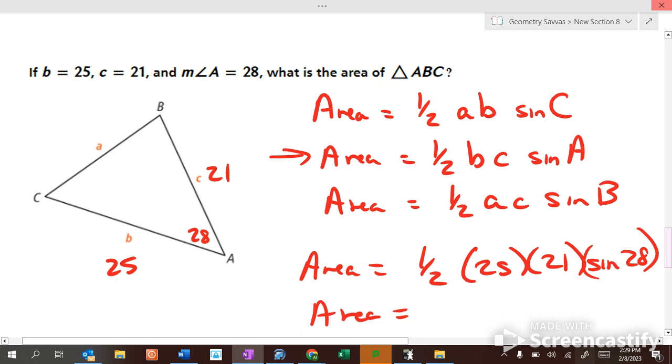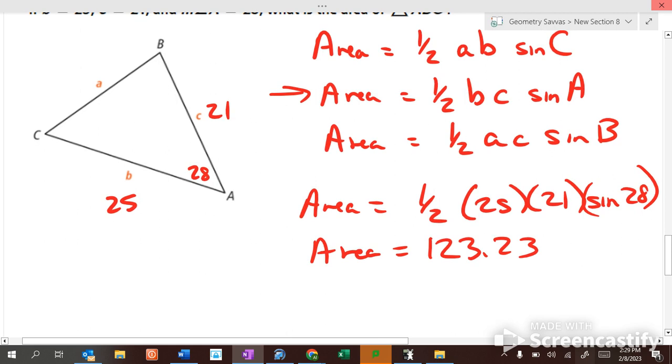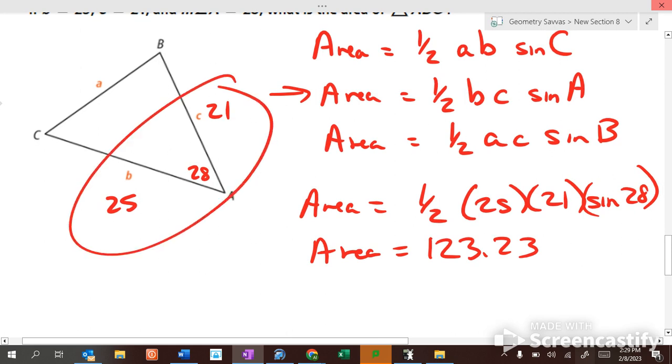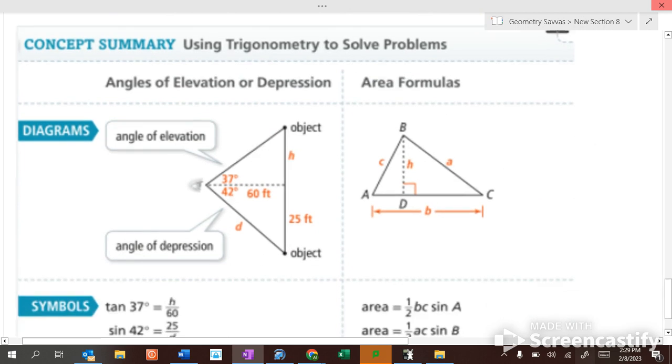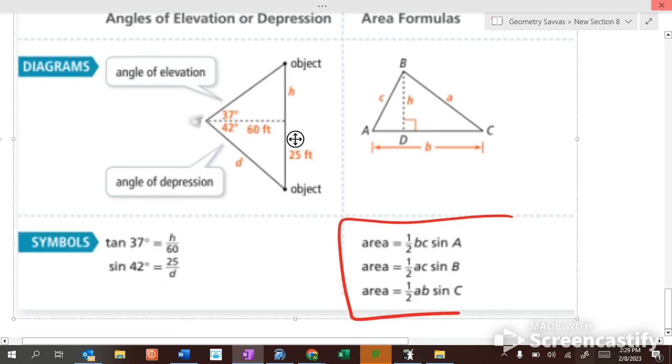What's the area? That's all you have to do to find area. As long as you have side angle side, it's really easy. So here are your three area formulas.